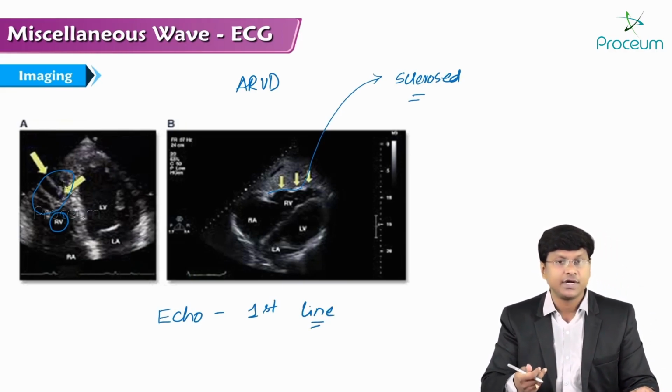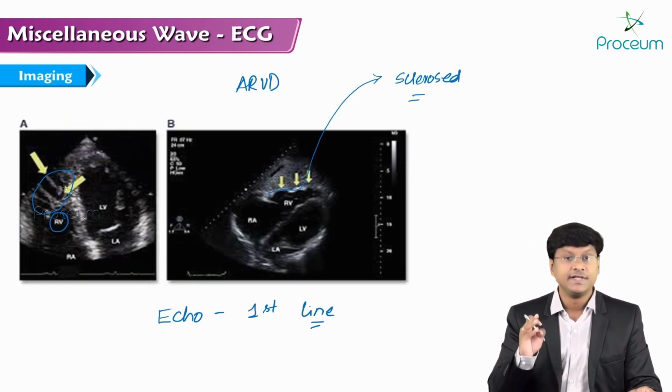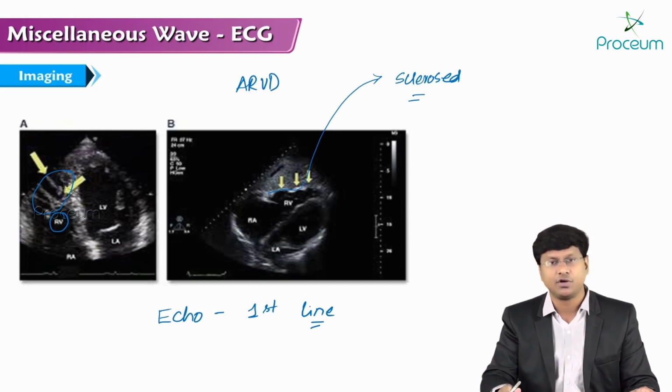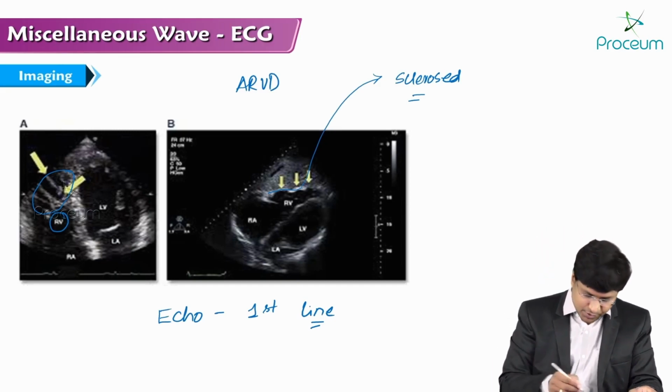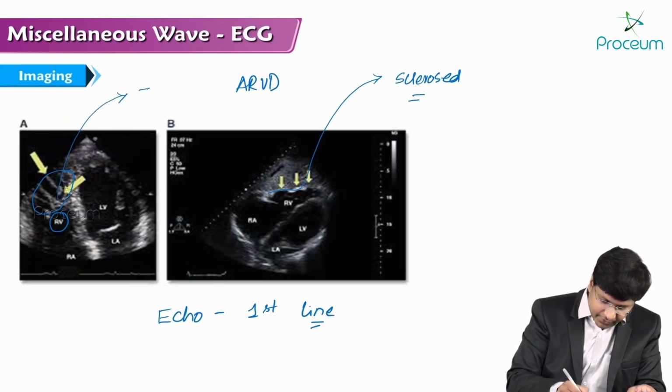And what does this echocardiography demonstrate? The echocardiography demonstrates the presence of a dilated hypokinetic right ventricle with prominent apical trabeculae and dilatation of the right ventricular outflow tract. You can see here the presence of the trabeculae.